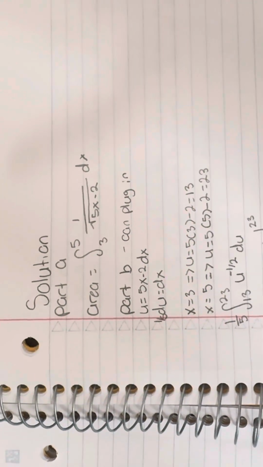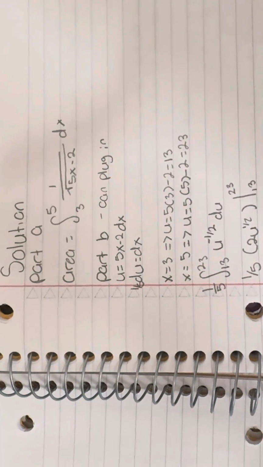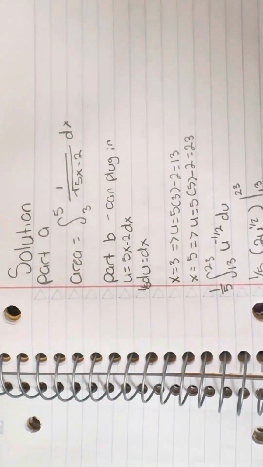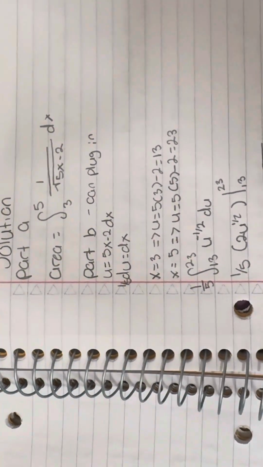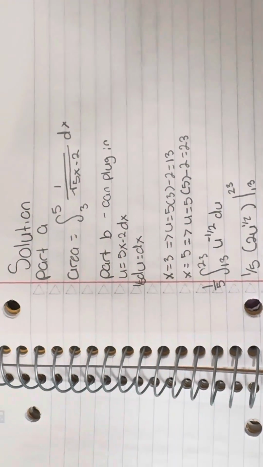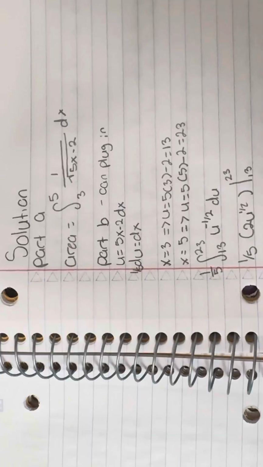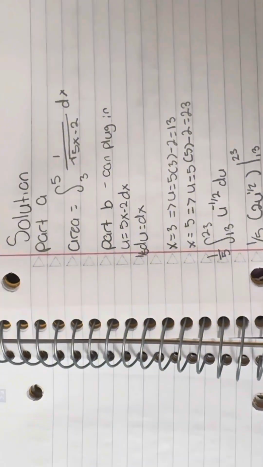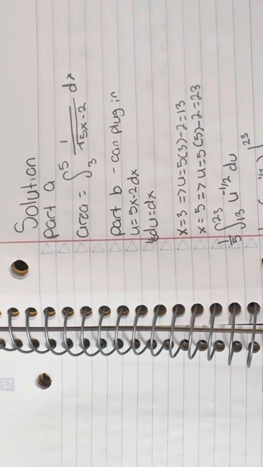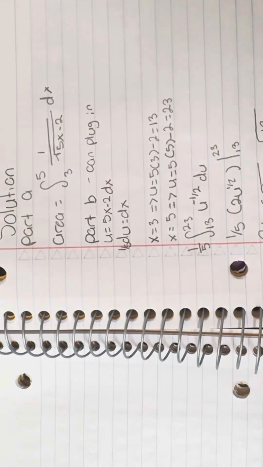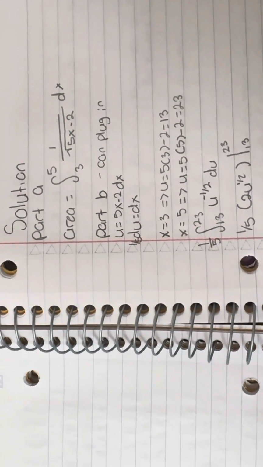For part B, you can use substitution, so u equals 5x minus 2, and then you take the derivative, so you get 5 dx, and because you need a 1, you bring the 5 out, so you get 1/5 du equals dx.